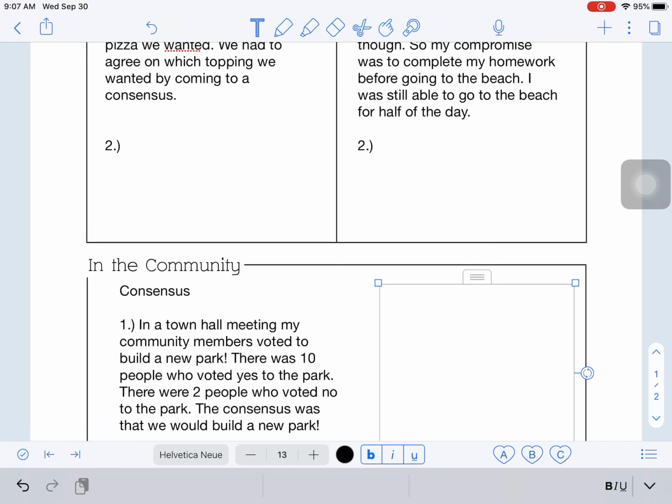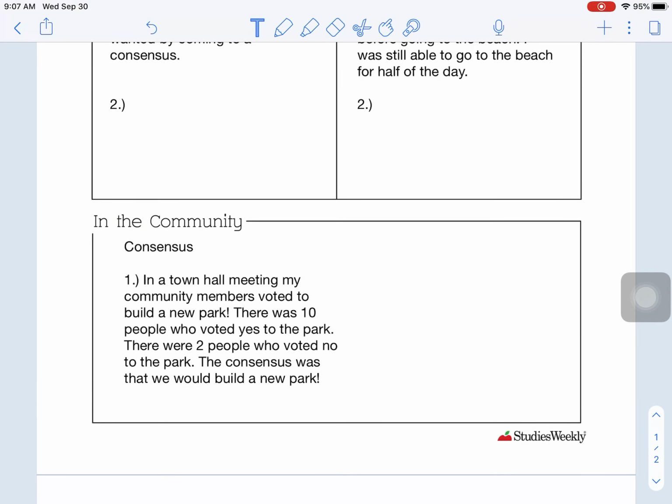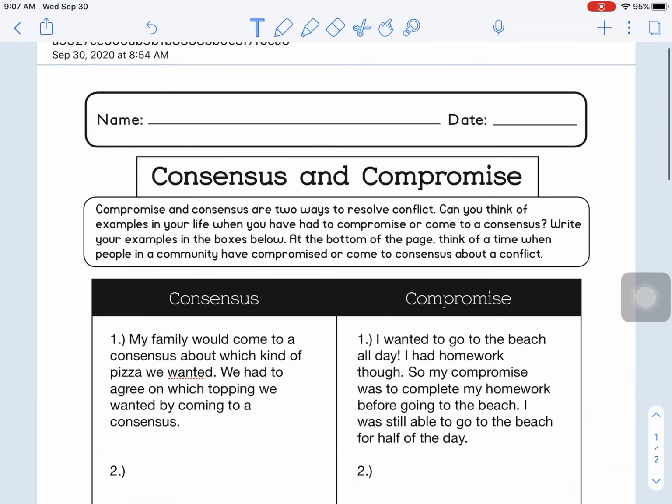Give me at least 3 sentences here. Remember, at the top, you need at least 2 examples, and those should each have probably at least 2 sentences as well. It's hard to explain your consensus or compromise without at least 2 sentences. So do your best to really push yourself to write a little more for these examples, okay?